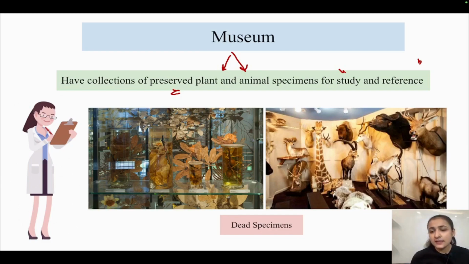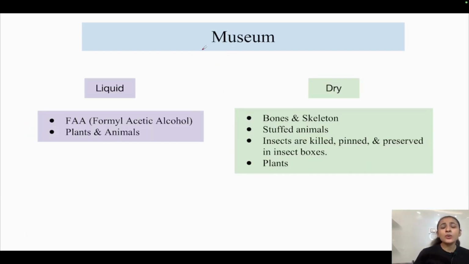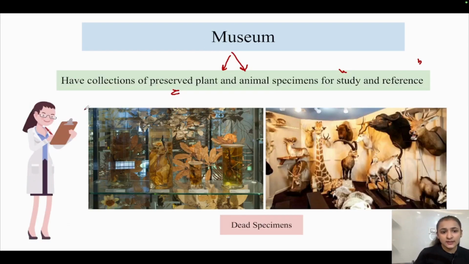And then these are the animals. As you can see, these are the stuffed animals that are present in a museum. All of these are dead. These are the plants. Okay, so these are dead specimens. Now, in a museum, the preservation can be of two types. One is liquid and the other is the dry method of preservation. In liquid preservation, as you can see in this picture, the plants are kept in certain solutions.